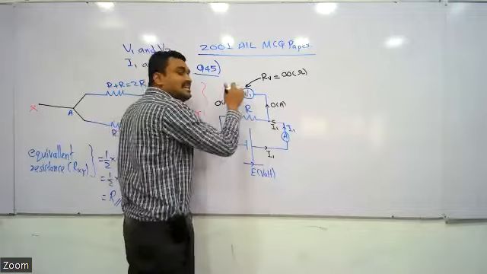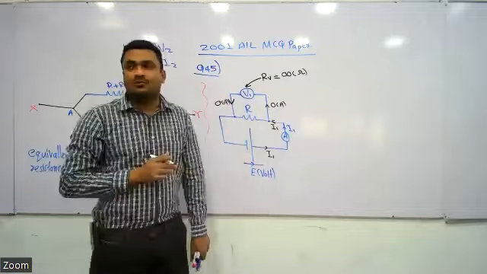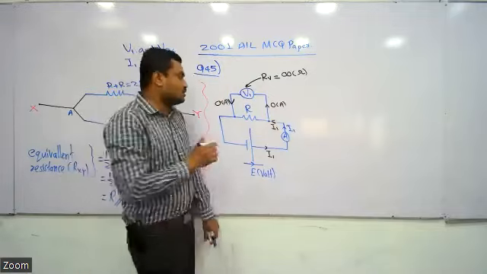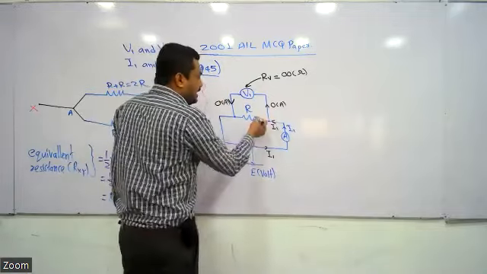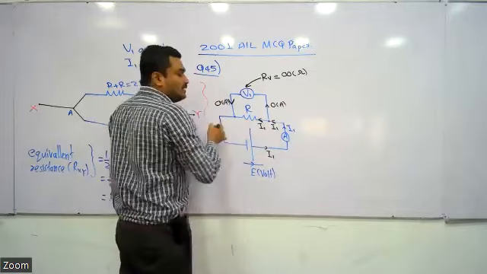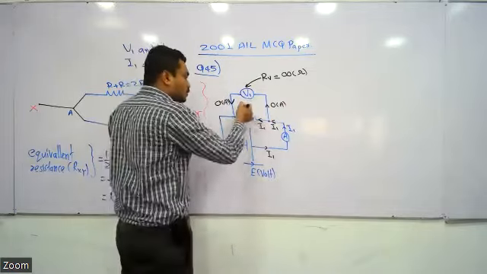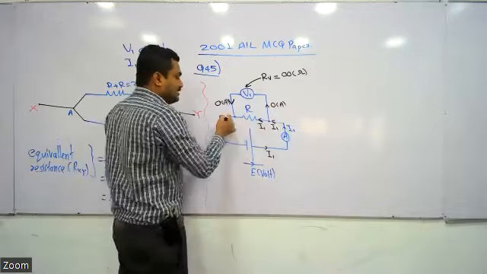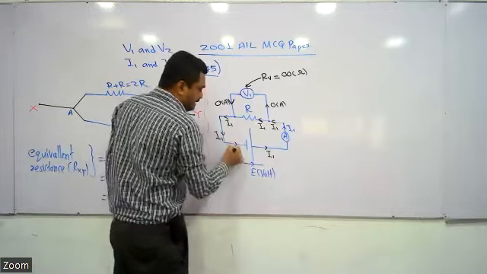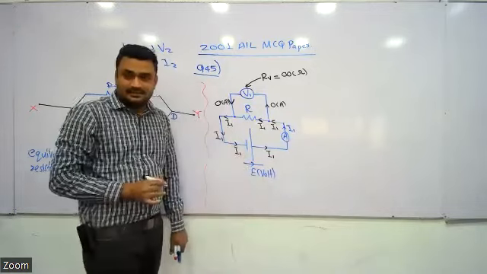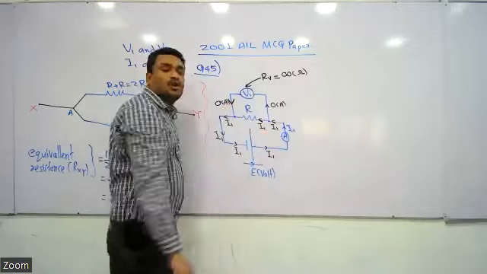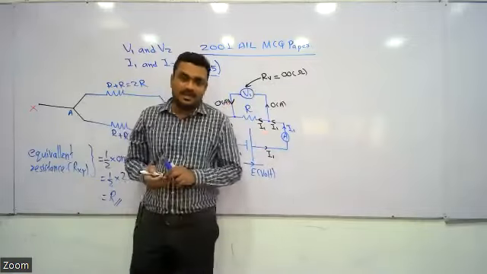But this is an ideal voltmeter, therefore no current flows through it. So the entire I1 current will flow through this resistor capital R and comes back to the battery like this. Can you understand here? Please mark the currents and mark that the internal resistance of the voltmeter is infinity.